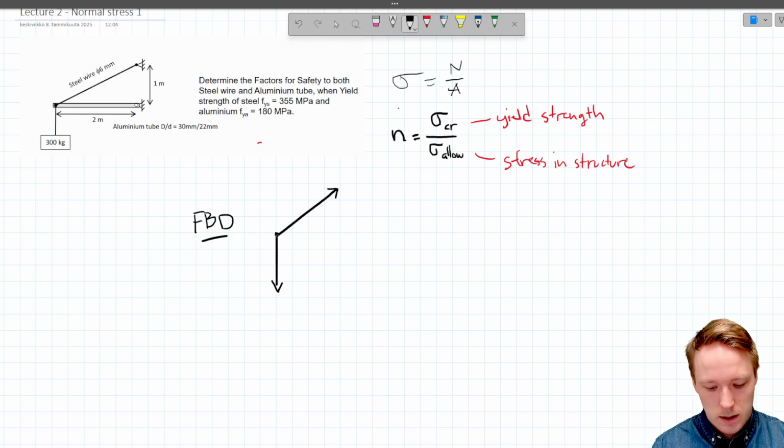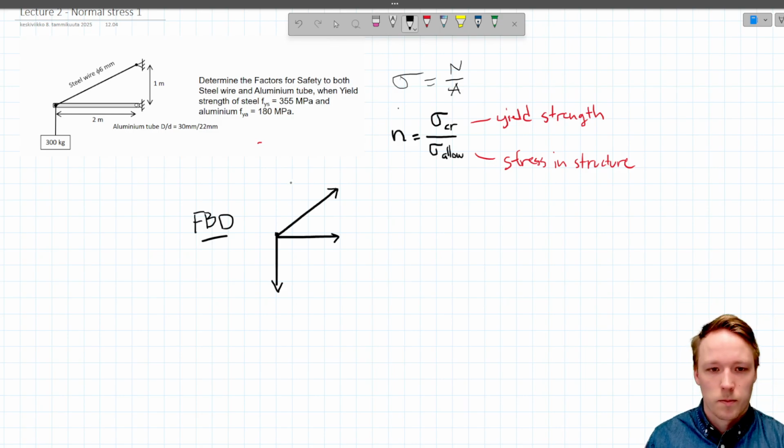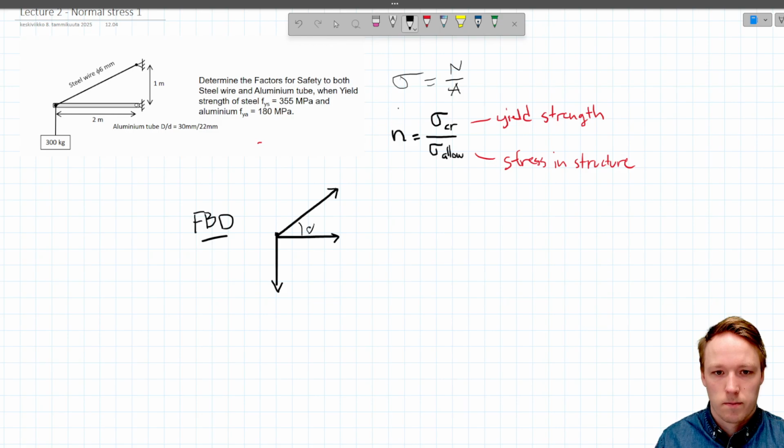And finally, we have a force on the aluminium tube. And between these, there is an angle, alpha.